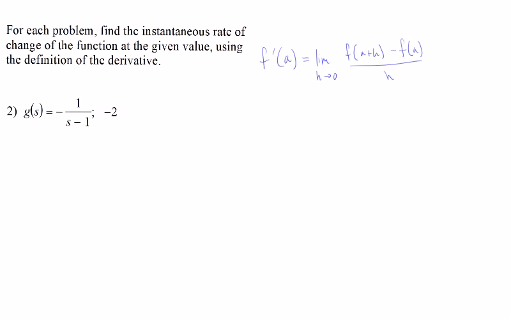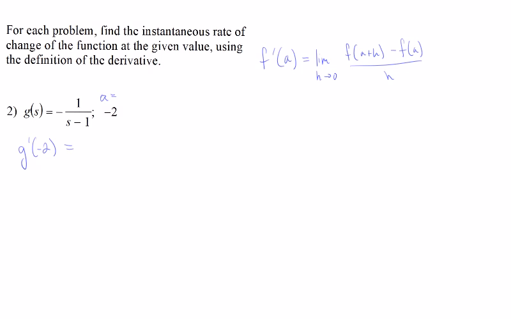And the reason it's a little different is because a is going to be a constant that you're given. Here in this case, this is our a. A equals -2. And so what we're going to do to find g primed at -2 is we're going to use this formula, but wherever there's an a, we're going to put a -2.